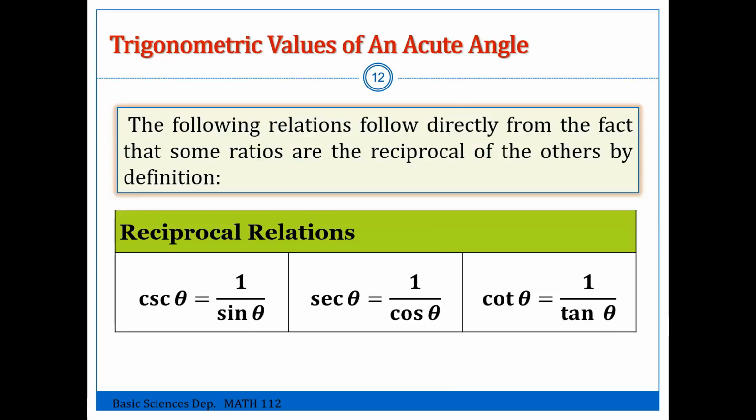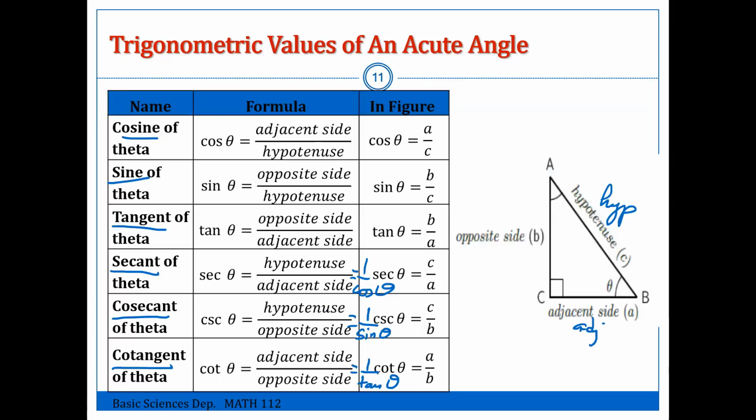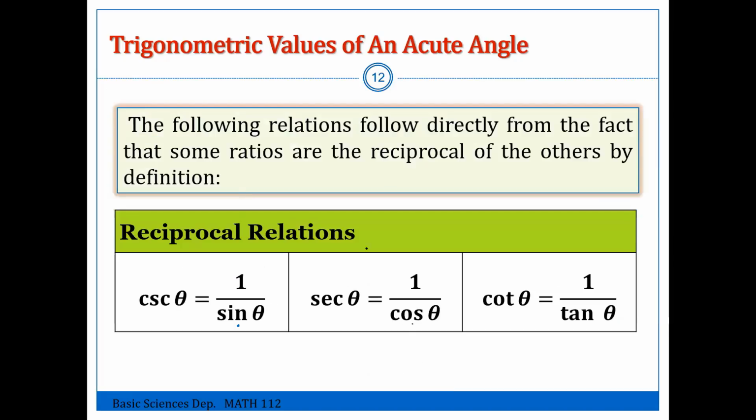This is a type of relation we have. إذا تعرف الساين على طول راح تعرف الكوسيك and vice versa. إذا تعرف الكوساين you will directly know sec. منين جات هذه؟ من الفورمولا. هذه adjacent على hypotenuse، هذه مقلوبة hypotenuse على adjacent. هذه opposite على hypotenuse، هذه مقلوبة hypotenuse على opposite. So cosec هو reciprocal of sine. الكوتان هو reciprocal of tan.